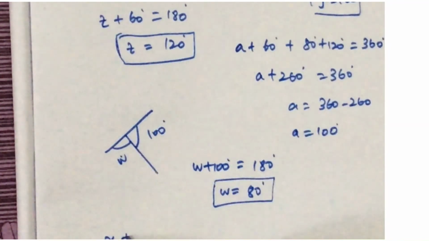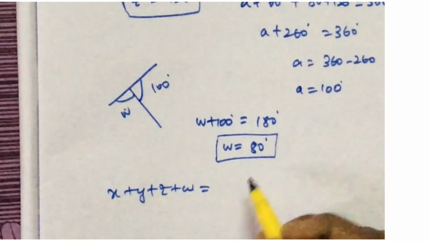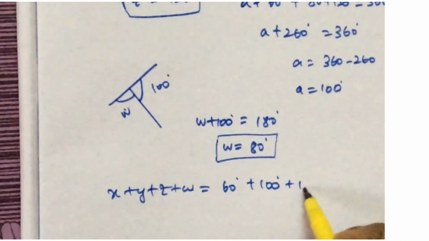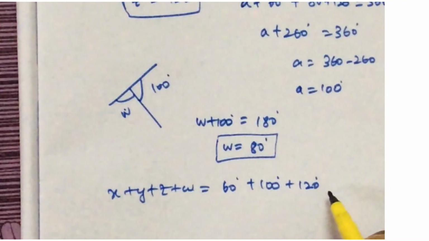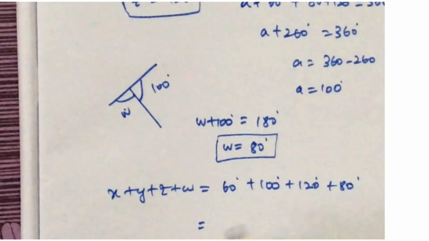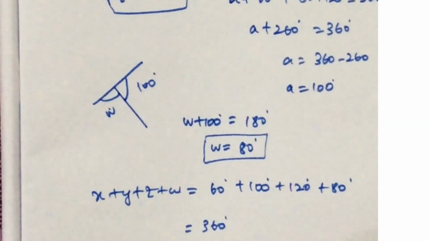What you have to find is X plus Y plus Z plus W. X is 60, plus Y is 100, plus Z is 120, plus W is 80. Together you add, that is 360.